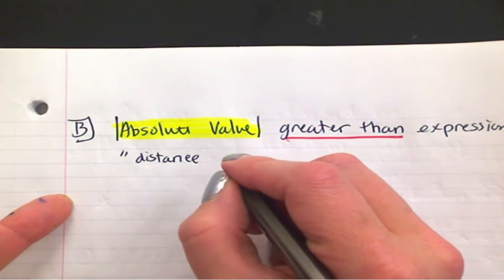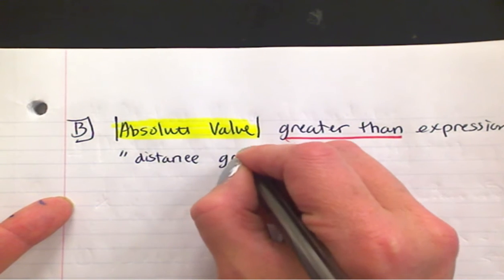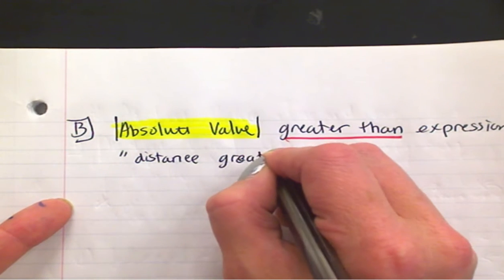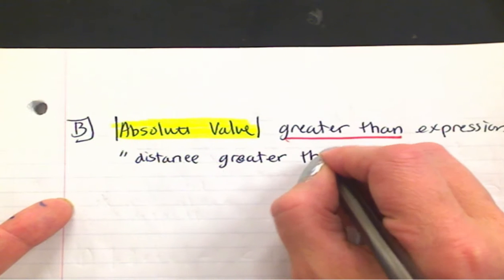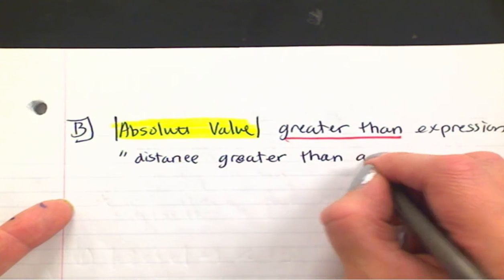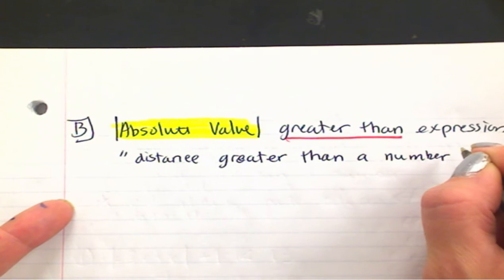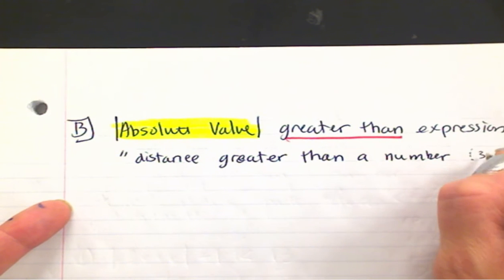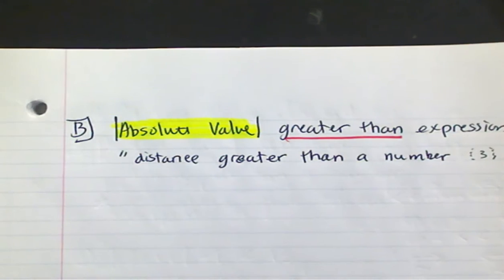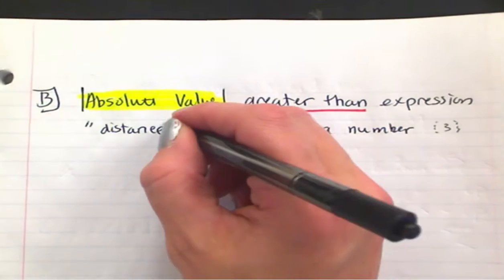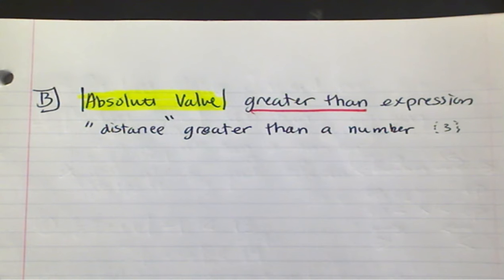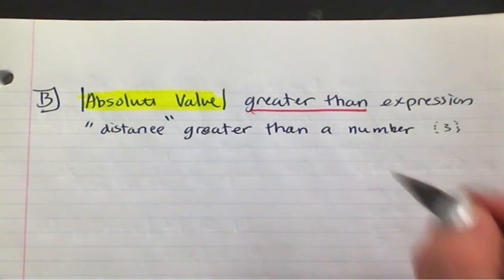Distance greater than a number. And we'll just think 3 as we try to put this on a number line to see what kind of picture distances more than a number represent.